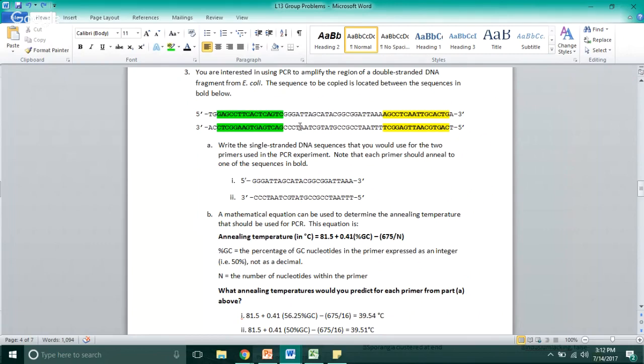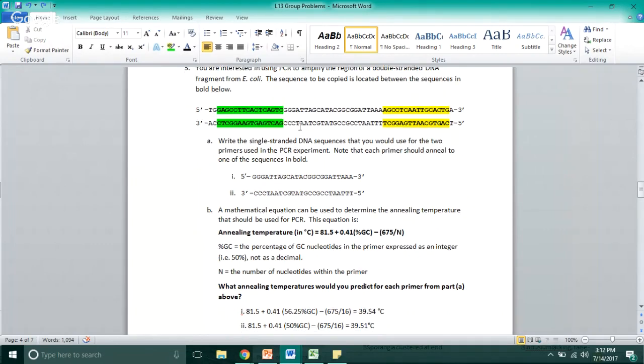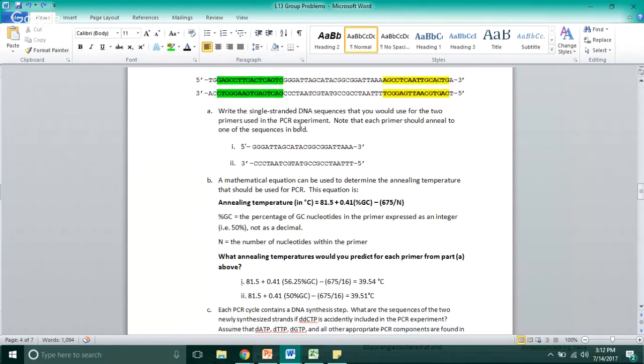It was really hard for me to see the bolded parts, so I highlighted them. Write a single-stranded DNA sequence that you would use for the 2 primers. I wrote both of them here and here because I didn't know if there was one specific she wanted. So you just take the primers off and use the DNA in between.